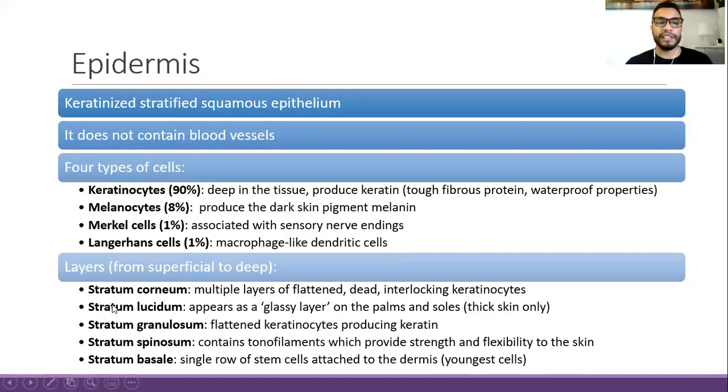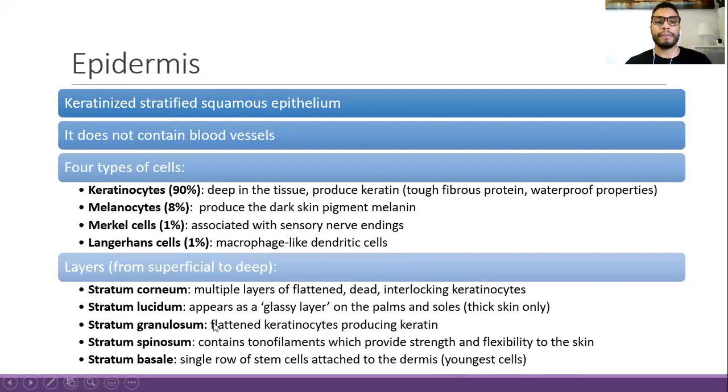And then the other layer is called stratum lucidum. It appears as a glassy layer on the palms and the soles. So this layer, lucidum, is only present in the thick skin. Thin skin doesn't have stratum lucidum. We have stratum granulosum.